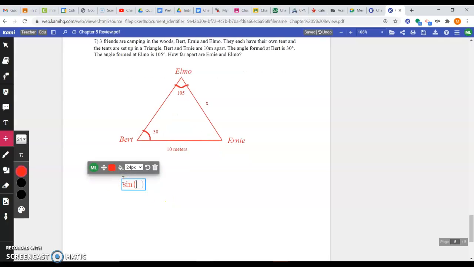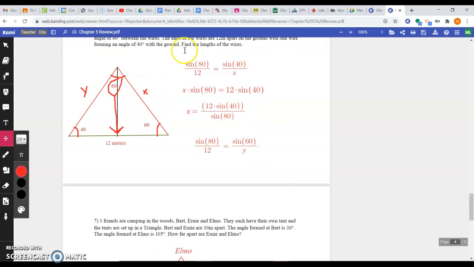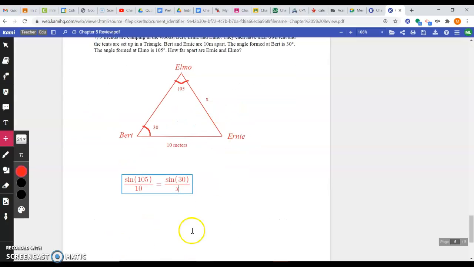What it's going to be is the sine of 105 divided by the side across from the 105, which is 10, equals the sine of the other angle, the sine of 30, divided by the side across from it, which is x. And it's much like the problem right here again. We're going to cross multiply. Cross multiplying would give you x times the sine of 105 equals the other cross multiplication, 10 times the sine of 30.